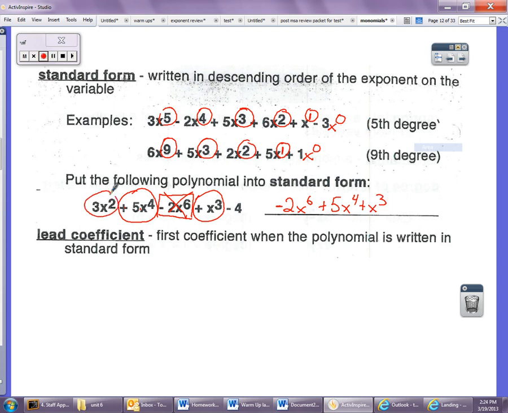Then we have 2, so plus 3x squared. There's no x, and then the last one is just minus 4. So that's written in standard form, and if you notice, the exponents are 6, 4, 3, 2, and then 0. Now the lead coefficient is the first coefficient when the polynomial is written in standard form. So this lead coefficient would be negative 2.